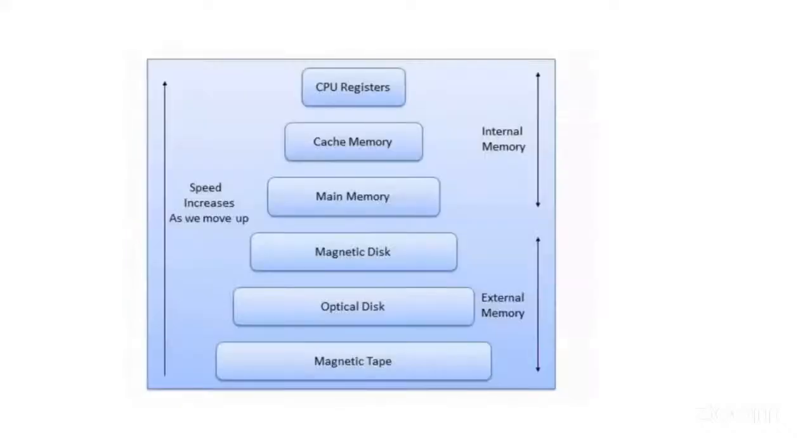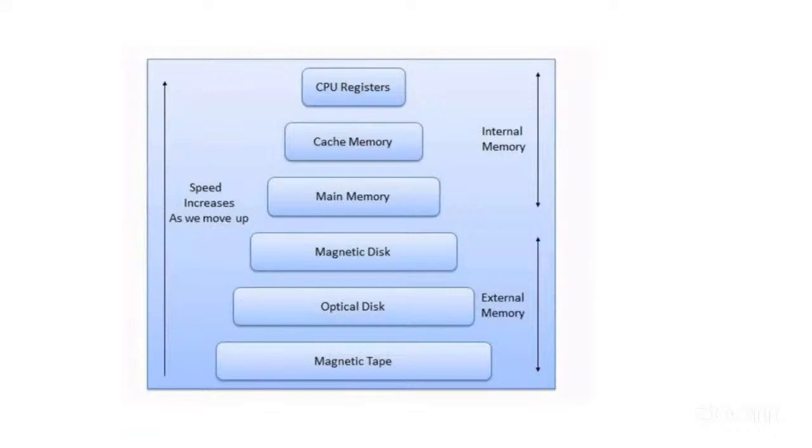Now, coming to the basic memory hierarchy: CPU registers, cache memory, main memory, magnetic disk, optical disk, and magnetic tape. So here, basically the total memory is divided into internal memory and external memory.